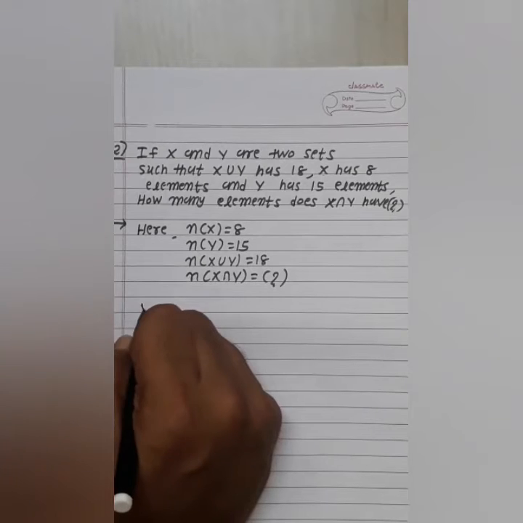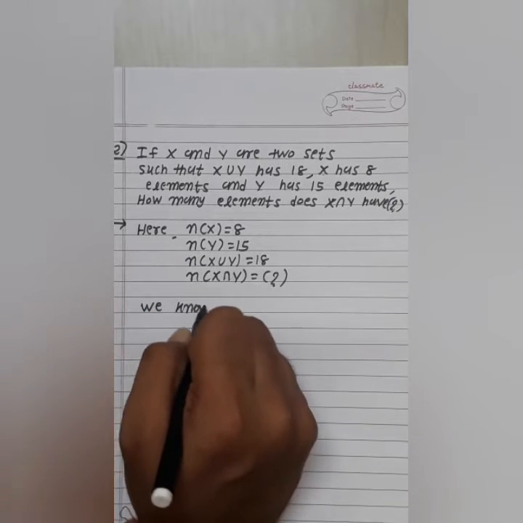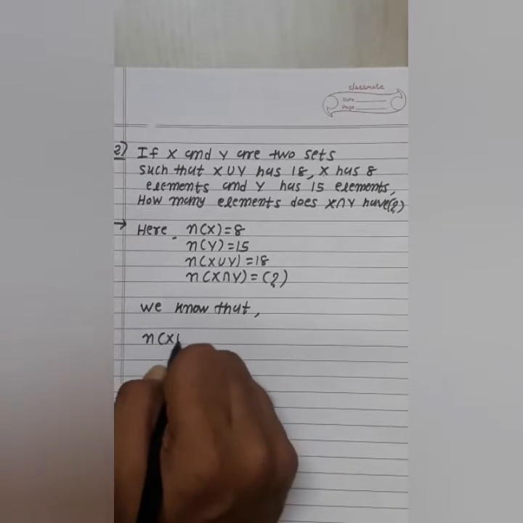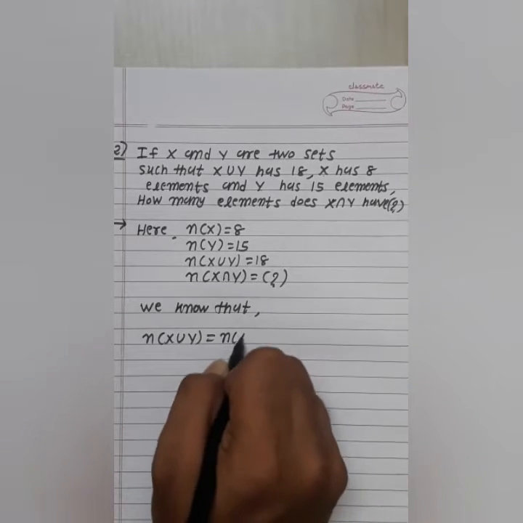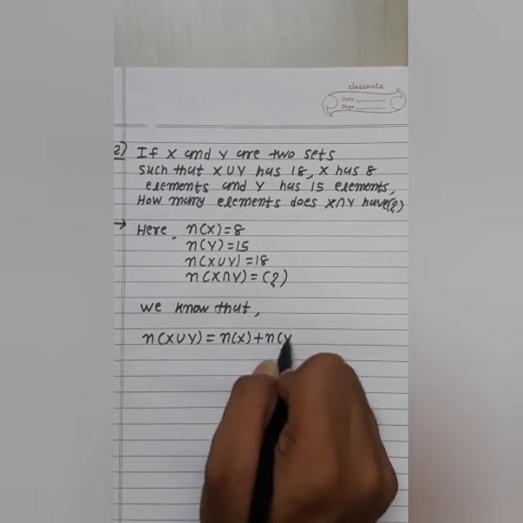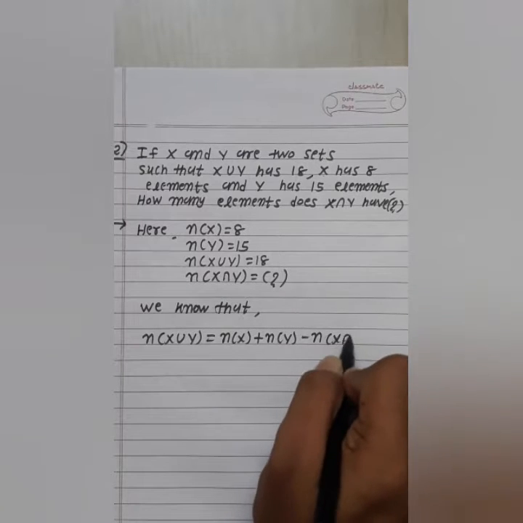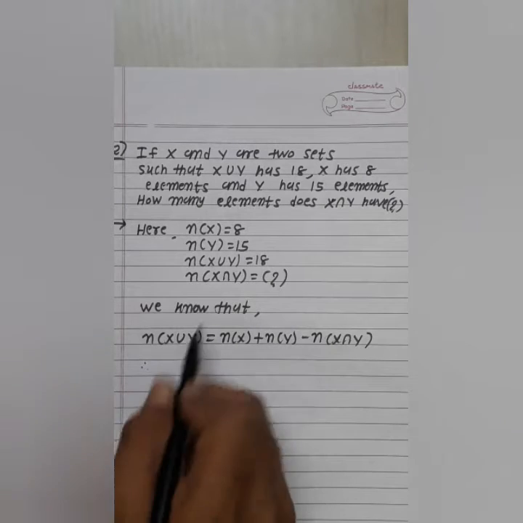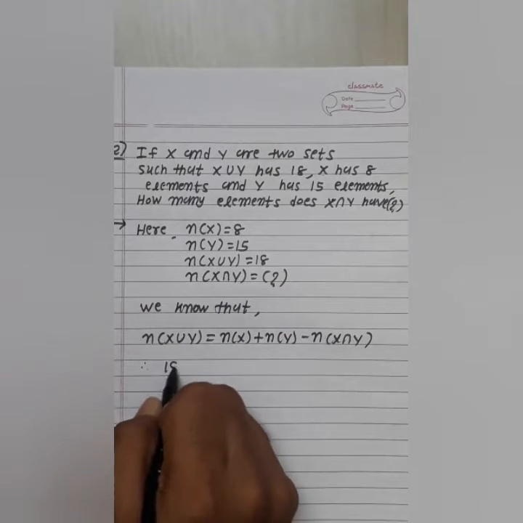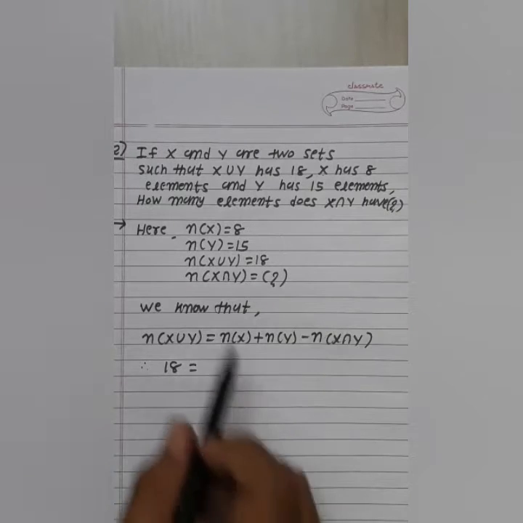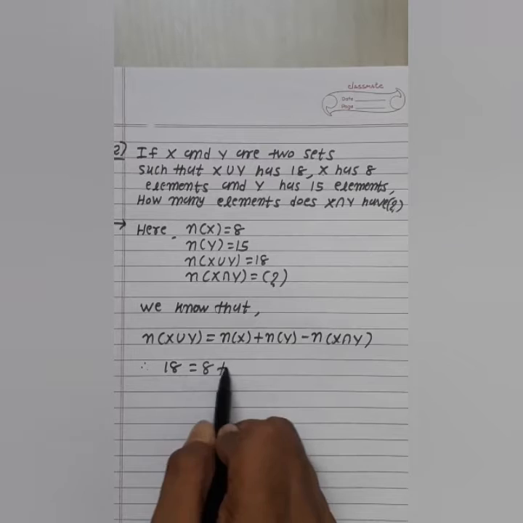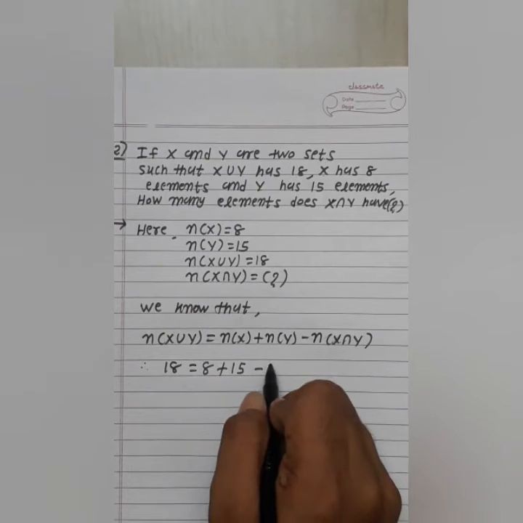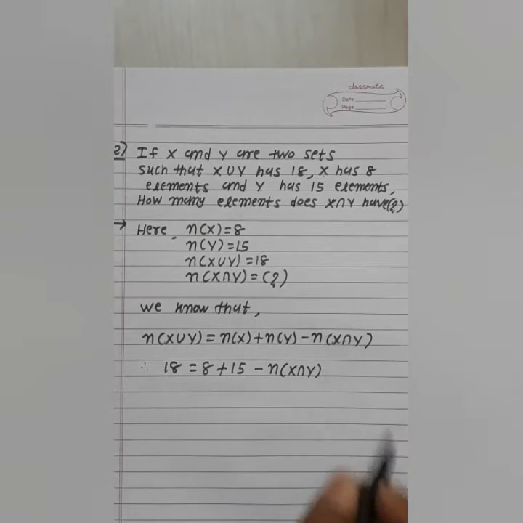Again the same method. We know that n of x union y is equal to n of x plus n of y minus n of x intersection y. N of x union y value is given 18, so 18 is equal to n of x, in place of which write 8, plus n of y, in place of which write 15, minus n of x intersection y.